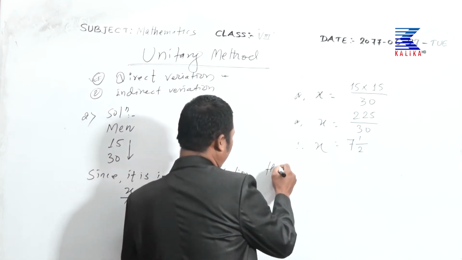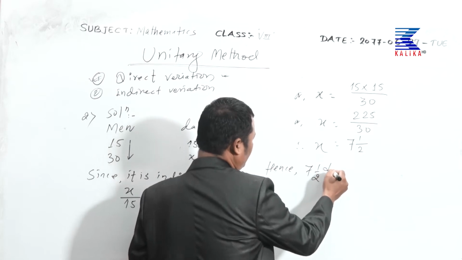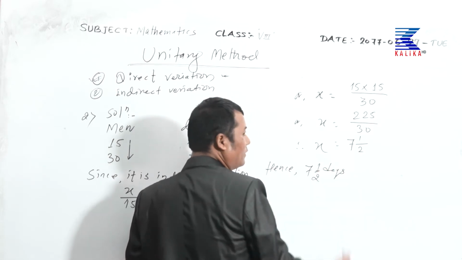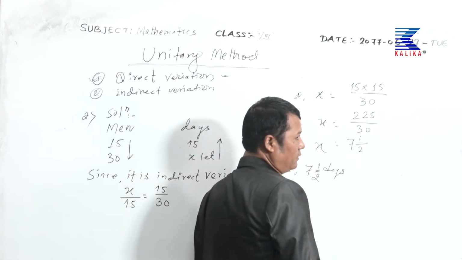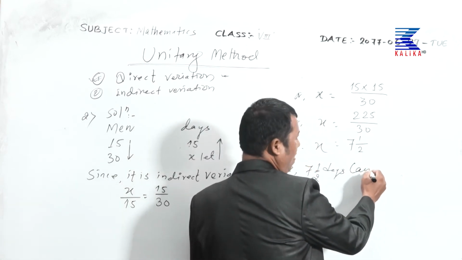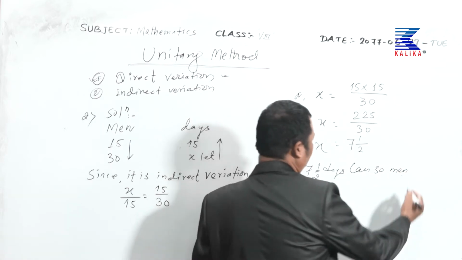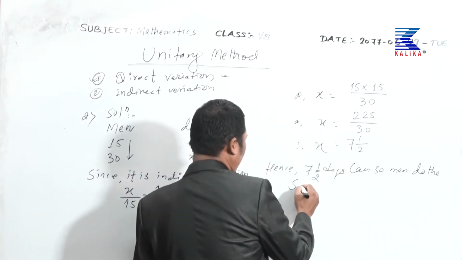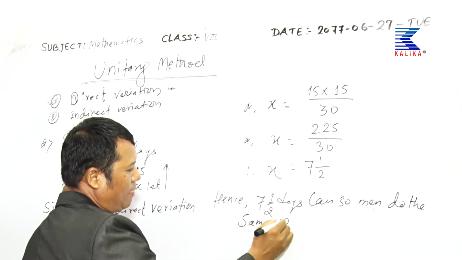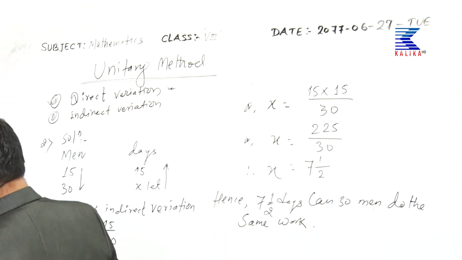Hence 7 whole 1 by 2 days can 30 men do the same work. It is the required answer.